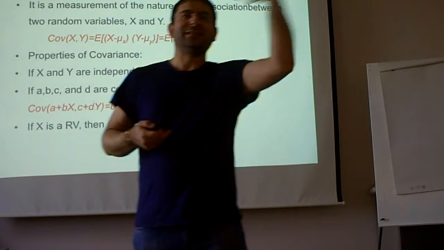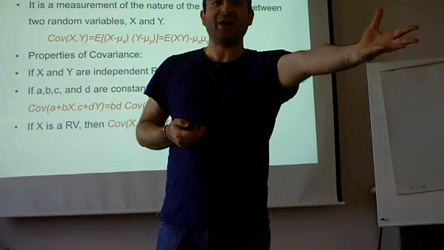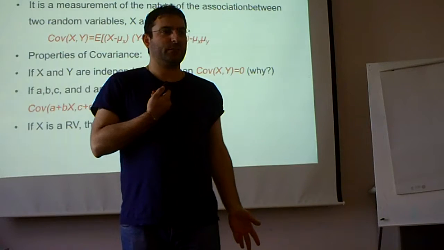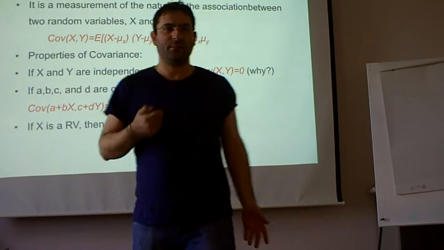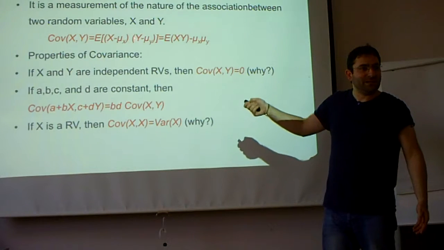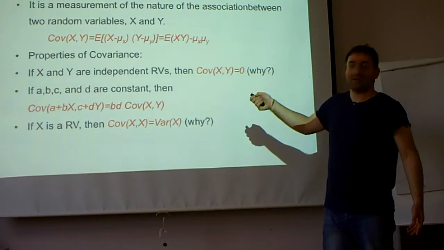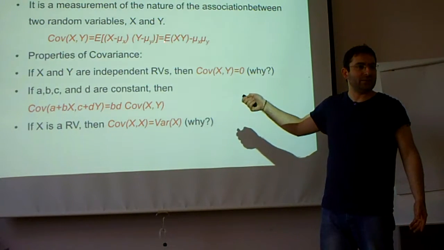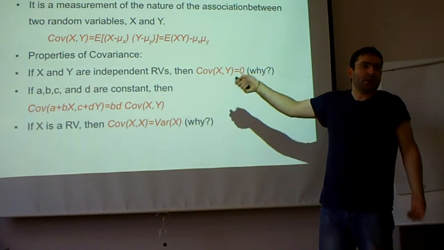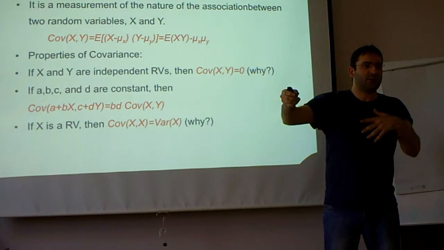In other words, the probability of this event happening is irrelevant and independent from the probability of the other event happening. So the mean of x and y happening at the same time is the mean of x multiplied by the mean of y because they are irrelevant from each other.